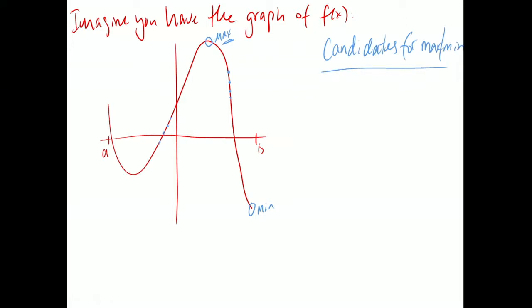Okay, and one candidate, in this case it turned out to be the answer, was this point here, at the top of the hill, and what was unique about that might be that it was a point where the derivative is 0. In other words, the slope is 0, or it's flat. So what's unique about that point is that the slope is 0 there, or the derivative is 0 at that point.